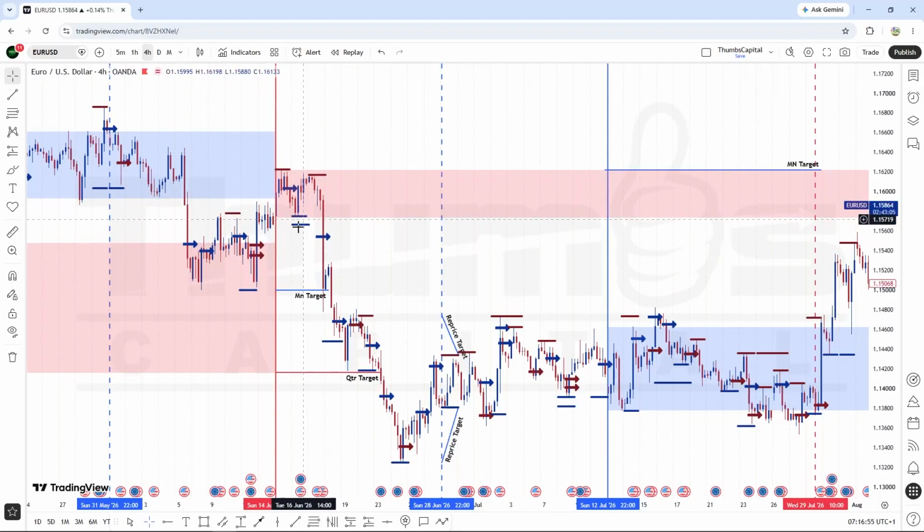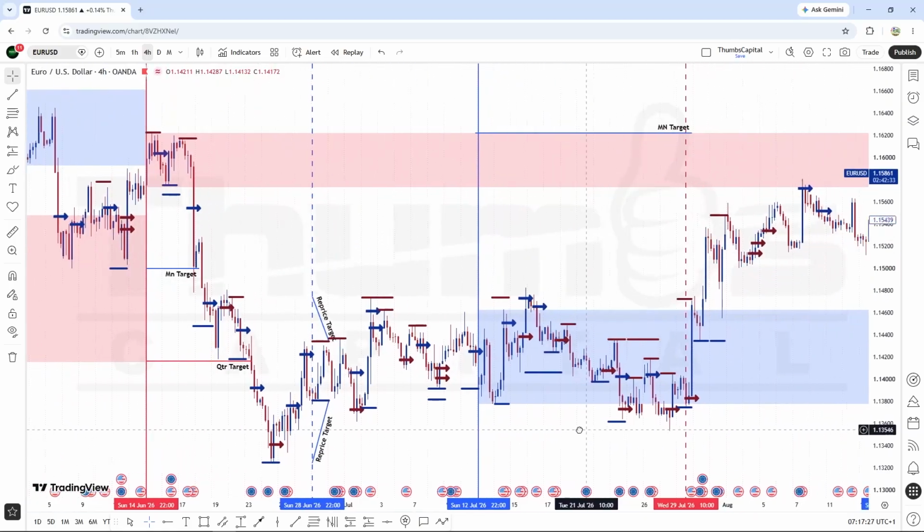That means these heavy buy orders are now in drawdown as price continued moving down.